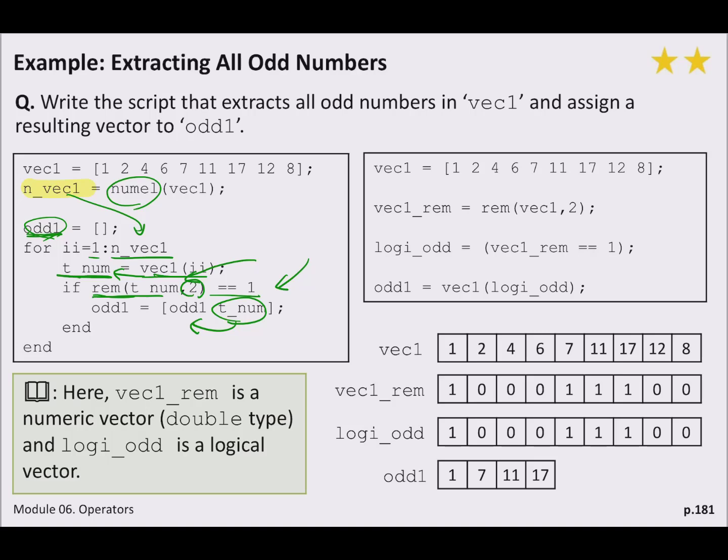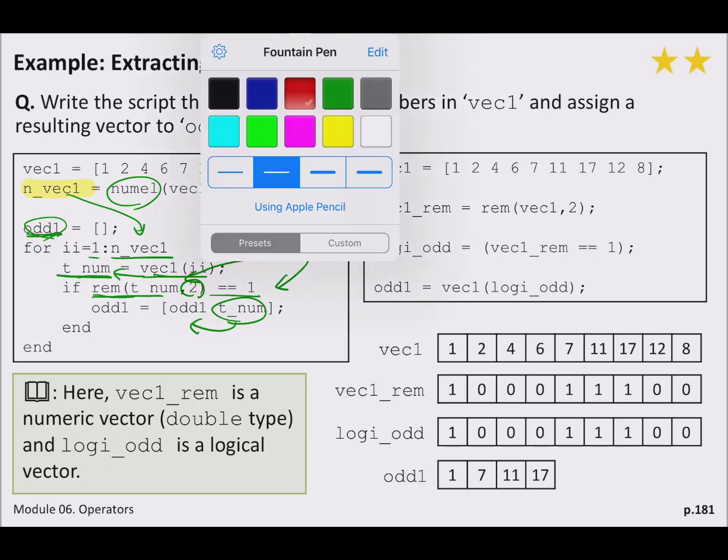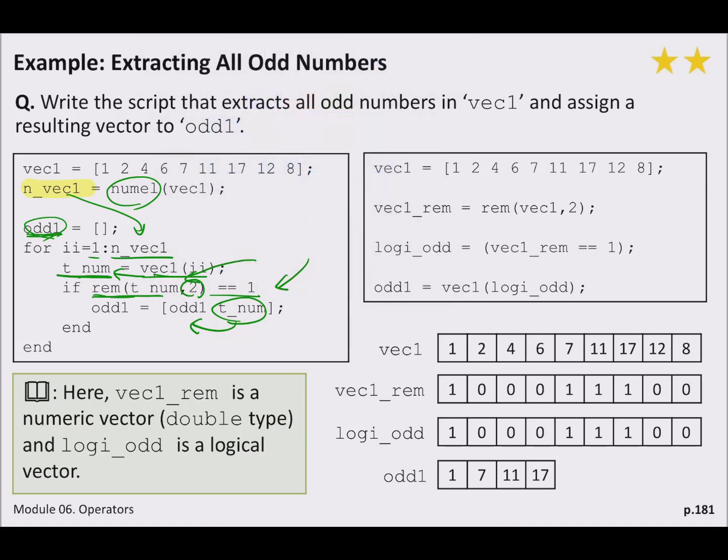Okay. How to perform this operation without using the loop statement? There are 3 components here. First, array as an input argument of built-in function.